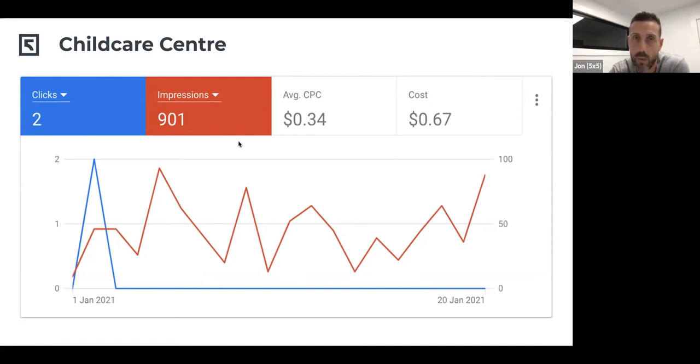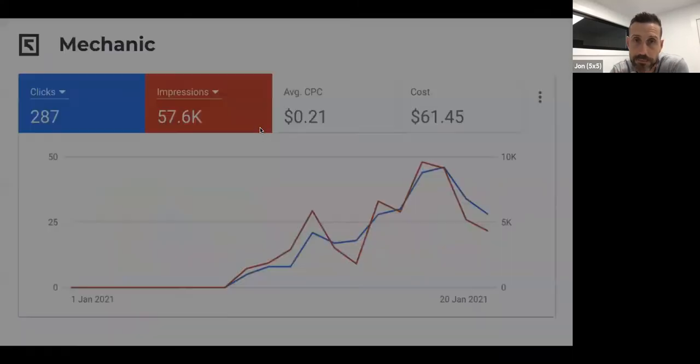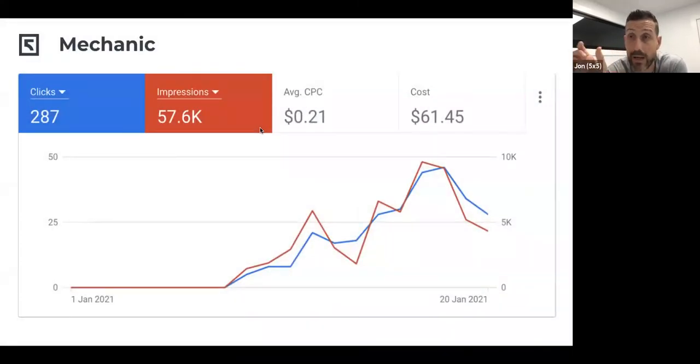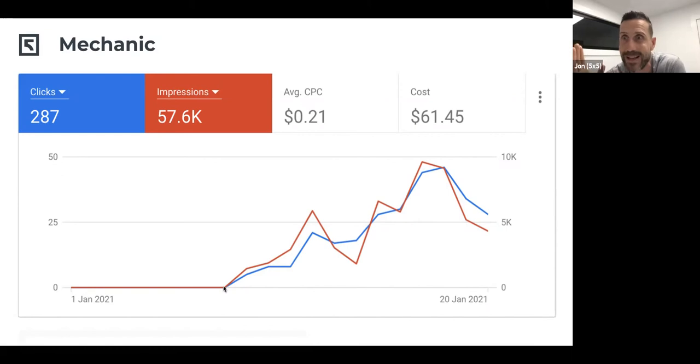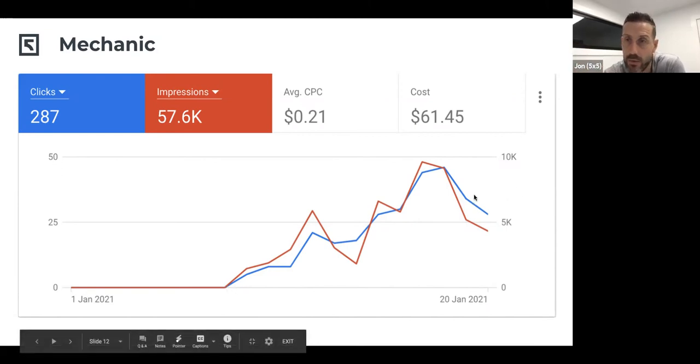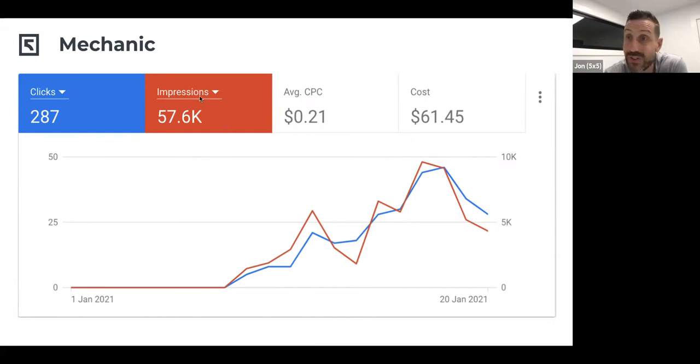So another way of answering that would be, this is for a mechanic. This mechanic is based in Sydney. You can see he was obviously away up until probably the end of the first week in January, and that's when he's turned his campaign back on. Since then, through to basically the 20th of Jan, he's had almost 60,000 impressions, 60,000 eyeballs on his brand.